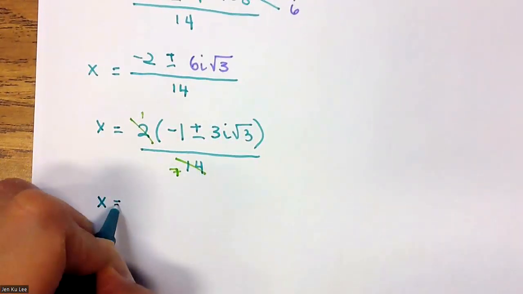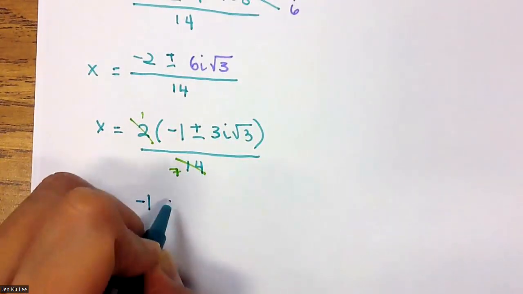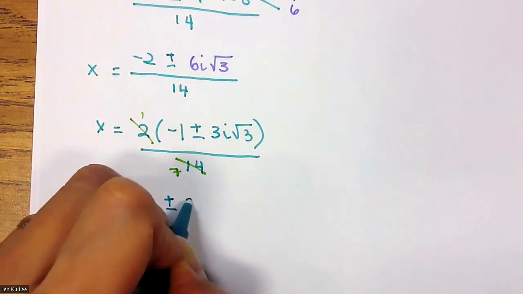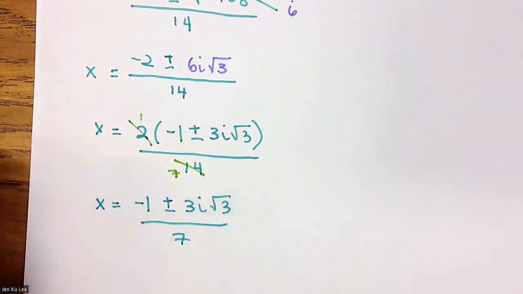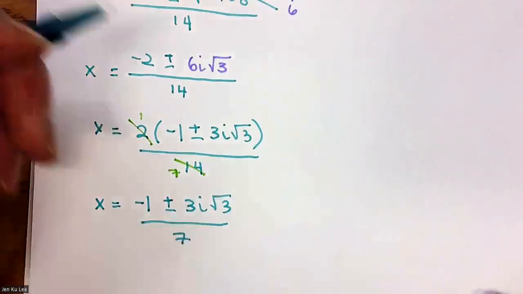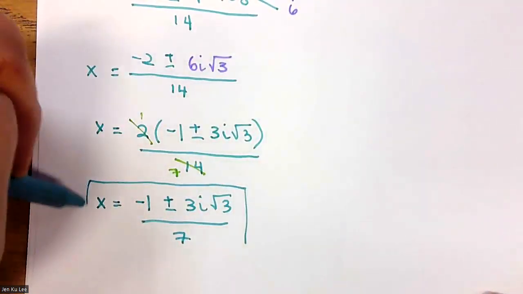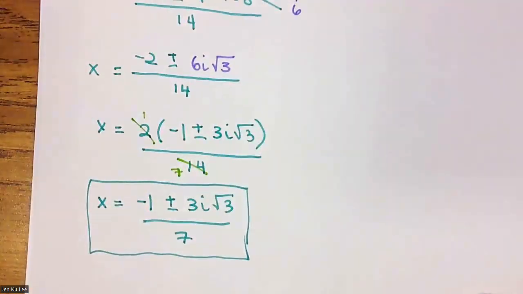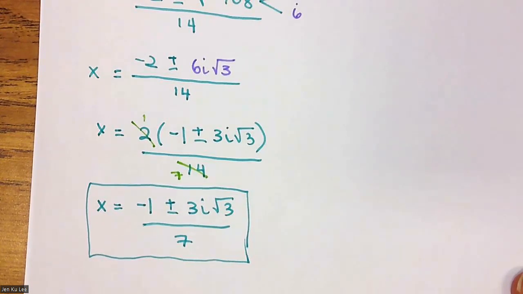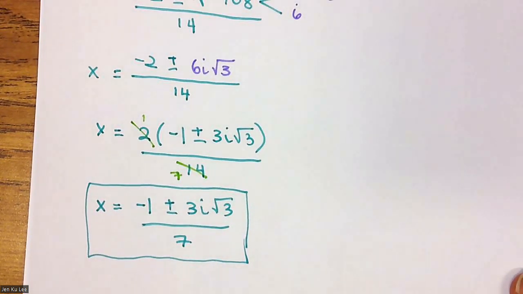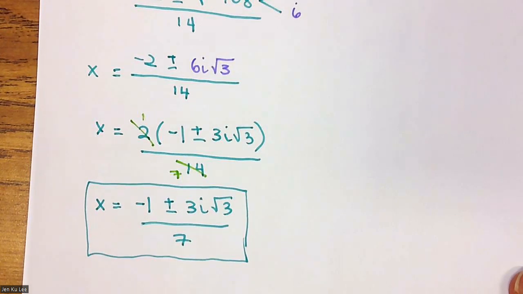So my answer now would be -1 plus or minus 3i square root of 3 all over 7. That would be my answer. Okay? So I have two solutions here, right?